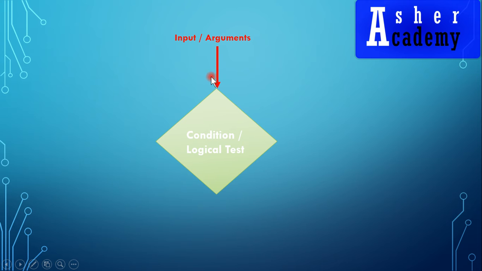So when it receives those inputs, it compares them with this condition, and whenever the result from this condition is true, we get the first result. Whereas when the condition is not met, we get the second result because the condition will be false.